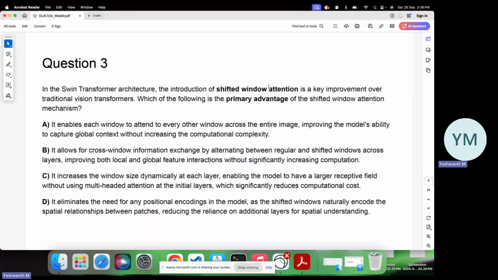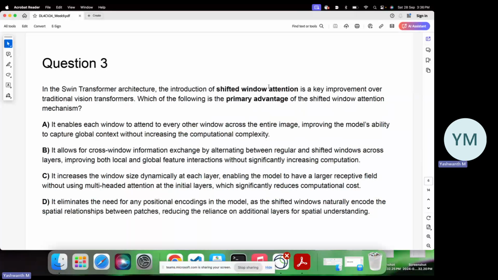In the Swin transformer architecture, the introduction of the shifted window attention is a key improvement over the traditional vision transformers. Which of the following is the primary advantage of the shifted window attention mechanism?